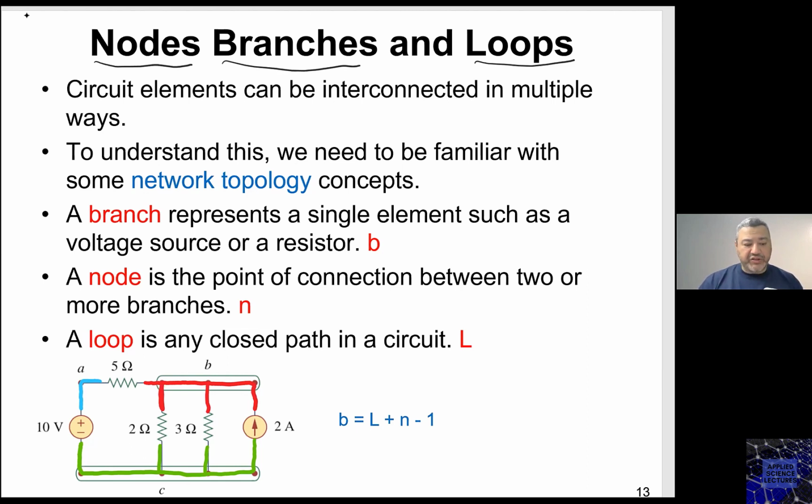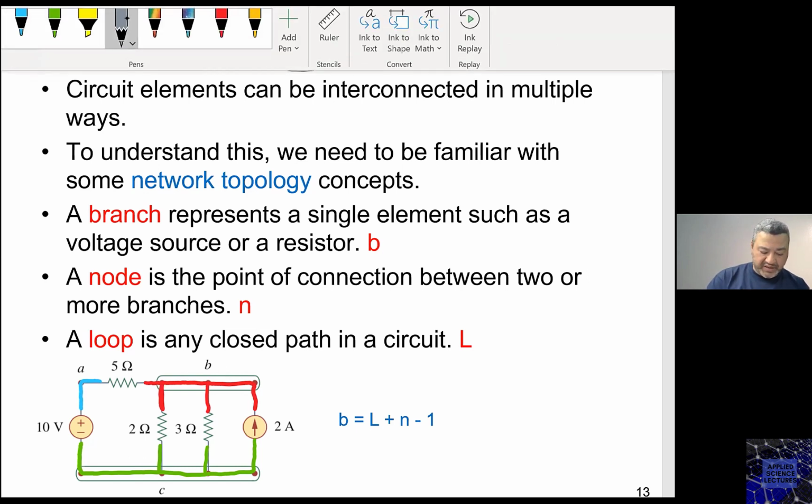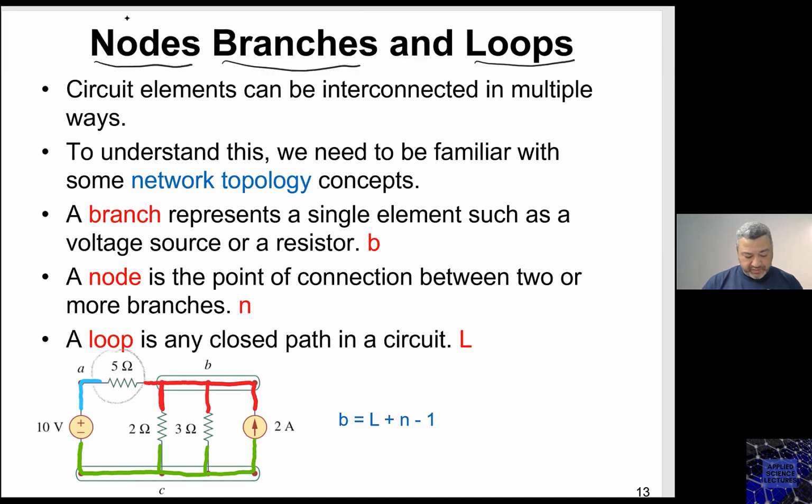Now, what are the branches? The branches are those components that are between those nodes. So if I look at my circuit, I can easily see that I have a branch here, a branch here, a branch here, a branch here, and a branch here.